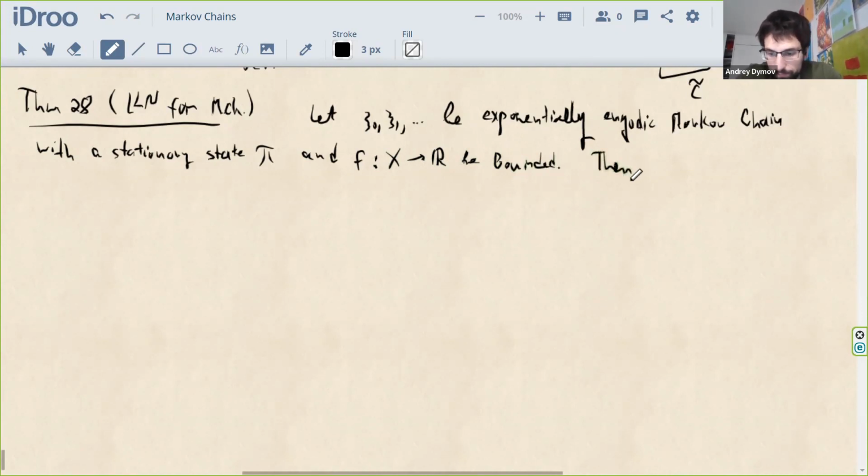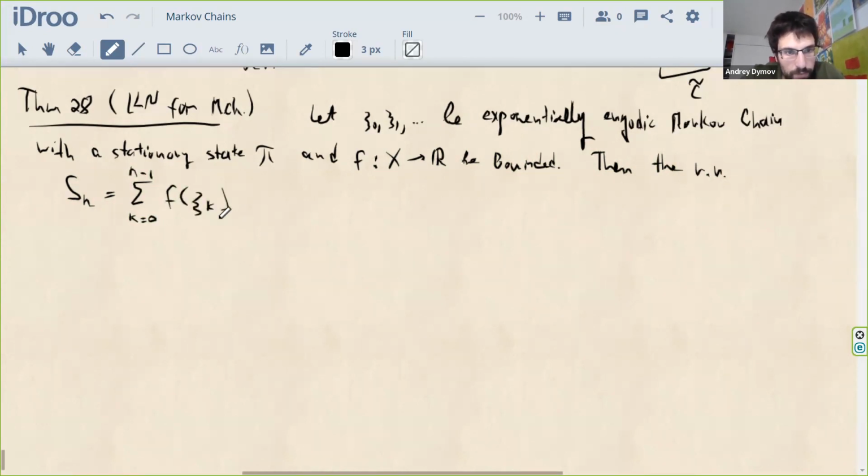Then the random variable Sn, which is defined as before, the sum from k equals 0 to n minus 1 of values of the function on my Markov chain, satisfies the following three convergences.